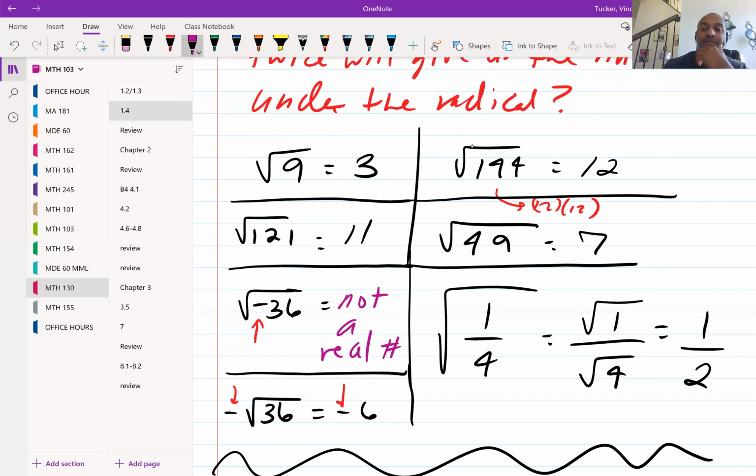So negative 36 is fine by itself, but when you have that square root, you cannot take the square root of a negative number. Because it's on the inside, exactly. So if your negative is on the inside of your square root, that's going to always be the response, no matter what the number is. It could have been square root of negative 256. Because it says the square root of a negative, your answer is not a real number.